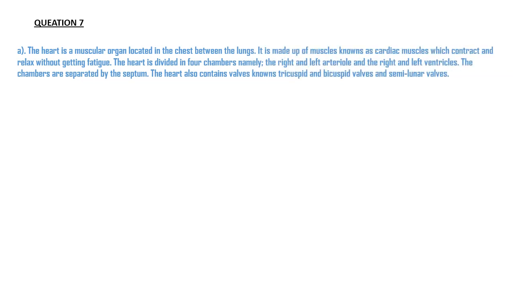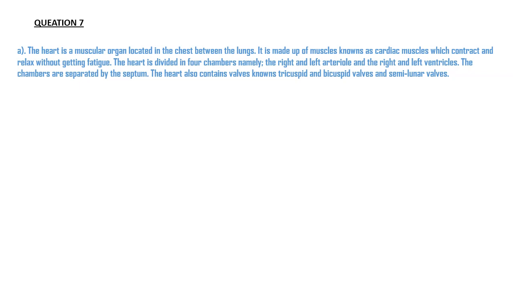A. The heart is a muscular organ located in the chest between the lungs. It is made up of muscles known as cardiac muscles which contract and relax without getting fatigued.